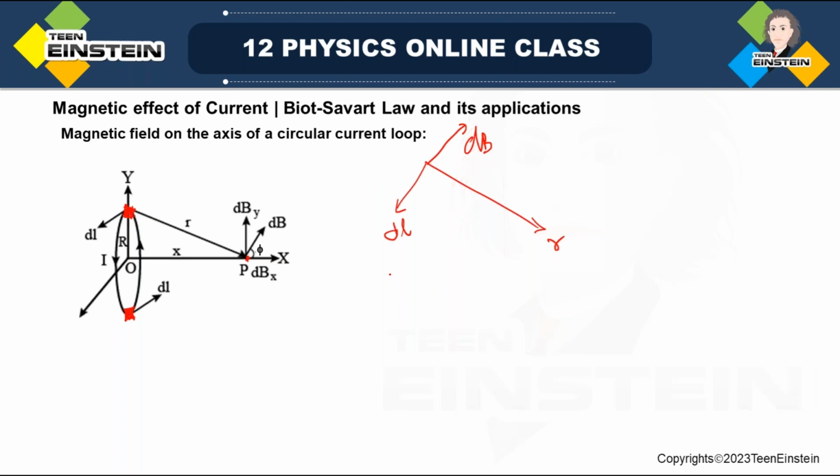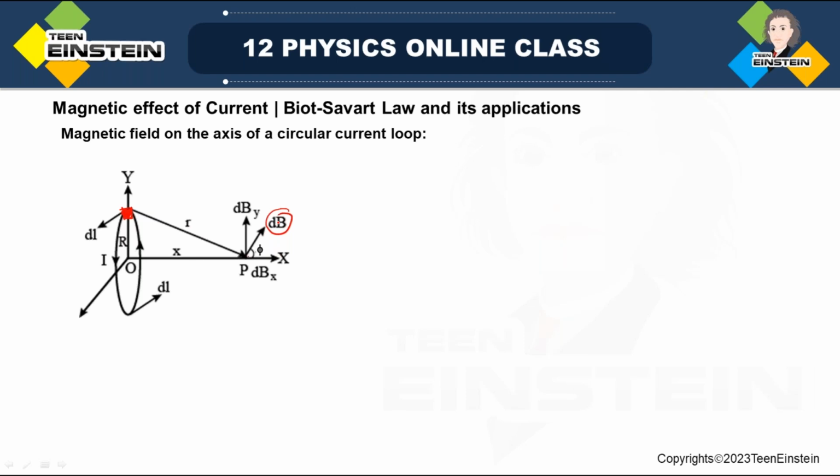Okay, so at P, when we are calculating the magnetic field due to a particular element, which is at distance r from the point of observation, and this position is at x distance away from the center of the ring, and the loop is considered to be vertical. So here the magnetic field direction will be this way at this particular point, and let us say the magnetic field makes an angle phi.